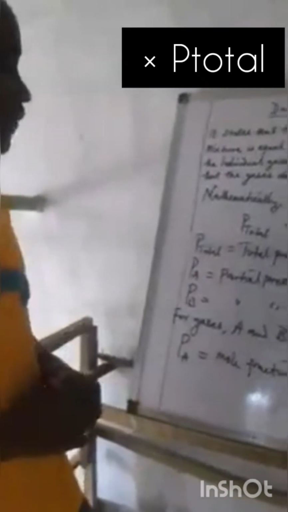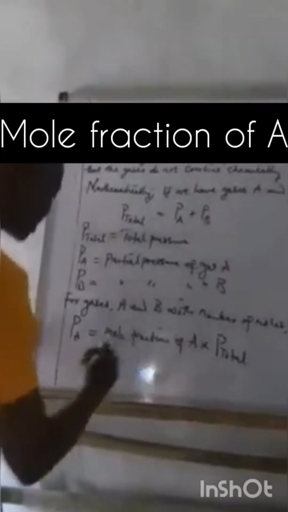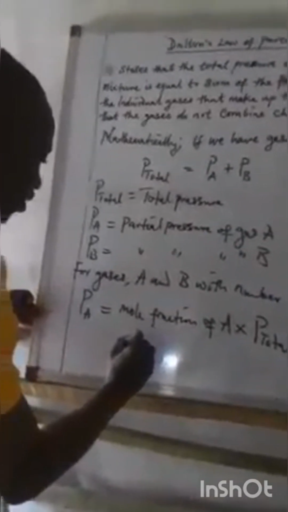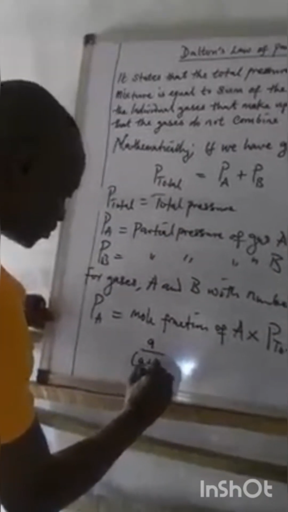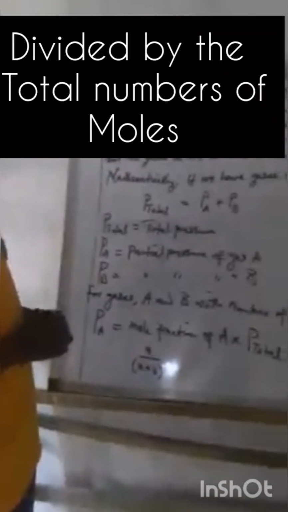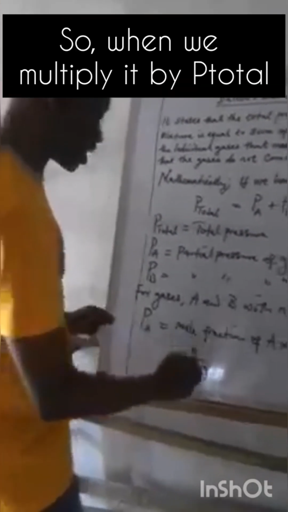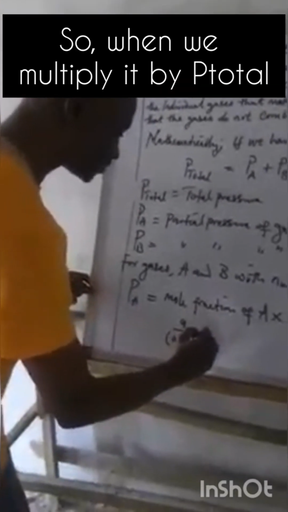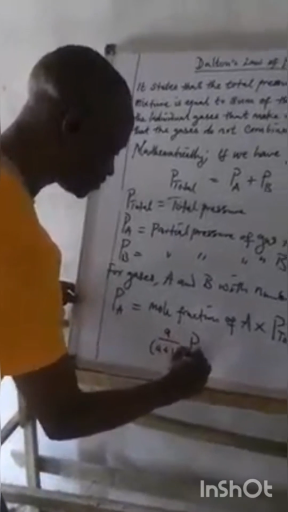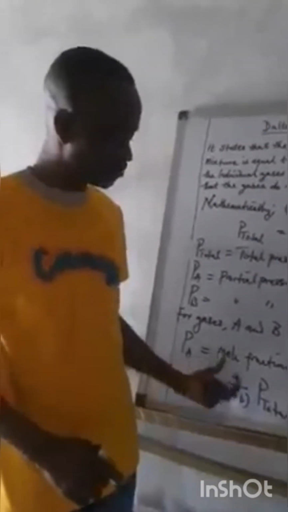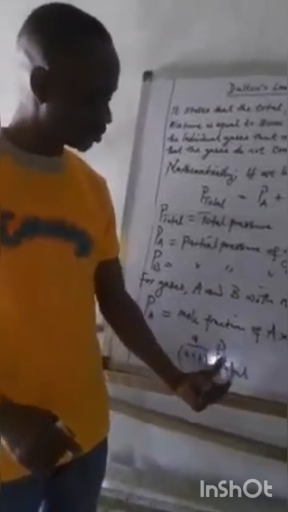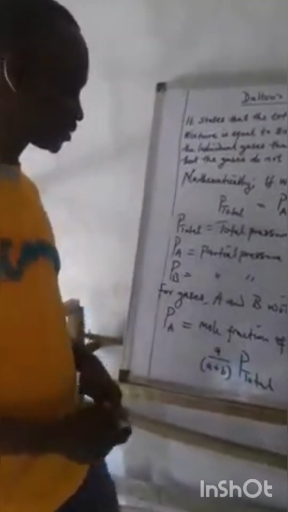Mole fraction of A is the number of moles of A divided by the total number of moles. So when we multiply it by total pressure, look at what we have. This is the partial pressure of gas A, mole fraction times total pressure of the gases.